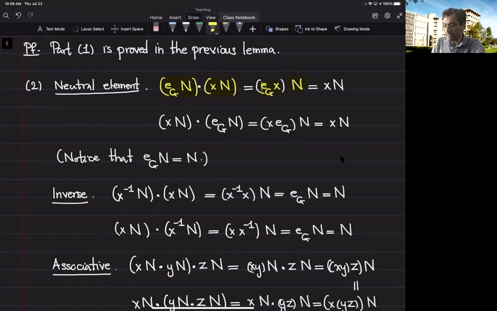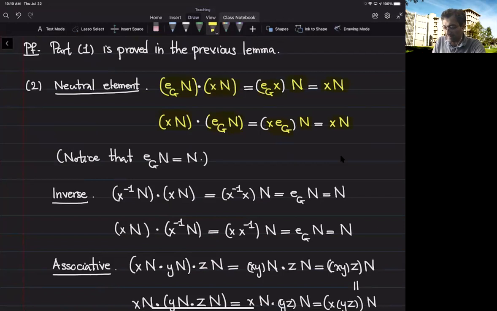But remember, e sub G times x is x, and therefore we get the coset that's represented by x. Similarly, I take this coset and multiply it from the right by this coset. Again, e sub G is the neutral element of the group. Therefore, x times e sub G gives me back x, and I'm getting the coset that I started with.